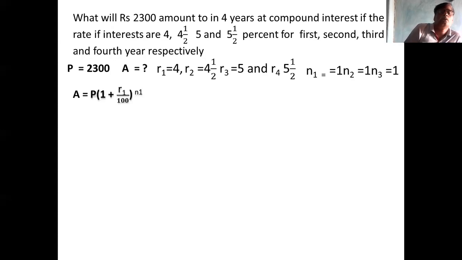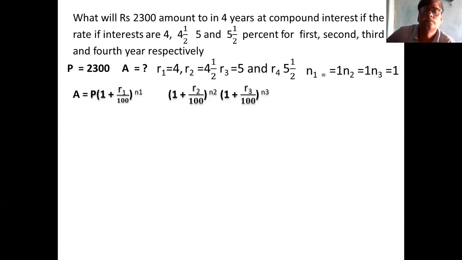A is equal to P times the bracket 1 plus R by 100 raised to N, which is your common equation. You slightly modify that equation: first period R1, N1. The second is 1 plus R2 by 100 raised to N2. Third is 1 plus R3 divided by 100 raised to N3.